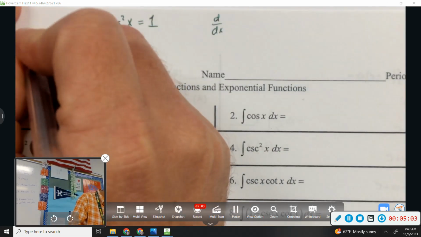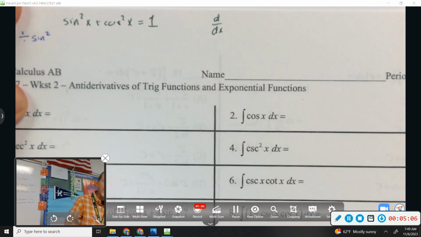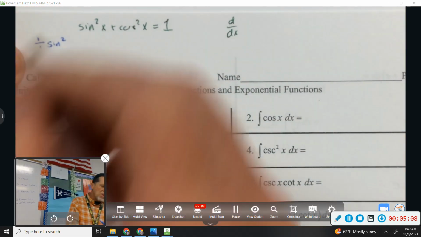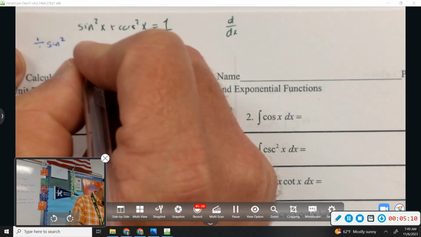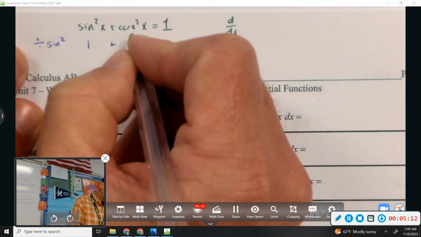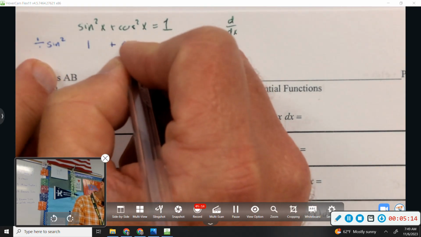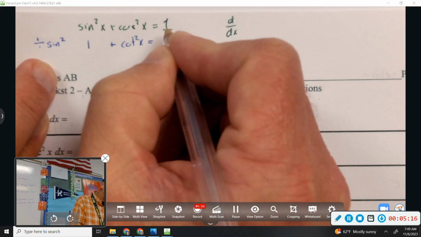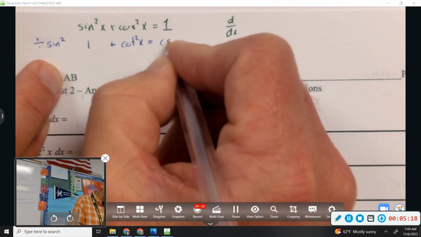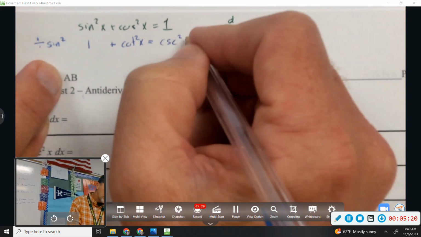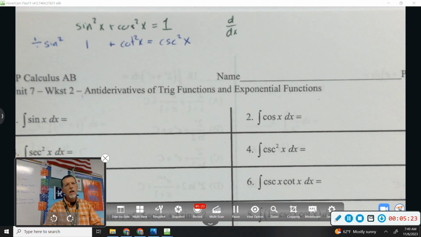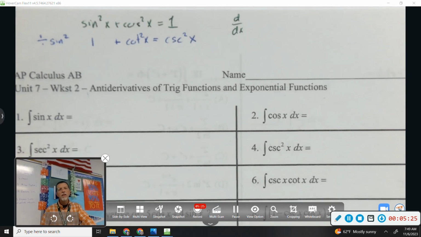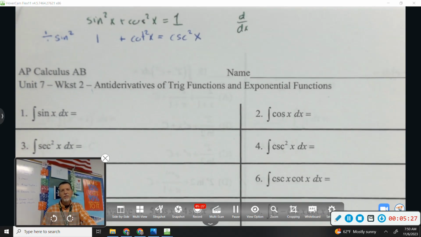Let's divide by sine squared and see what we get. Sine squared over sine squared is 1. Cosine squared over sine squared would be cotangent. And 1 over sine squared would be cosecant. Well, I bet with that clue you can figure out how to get the last one.